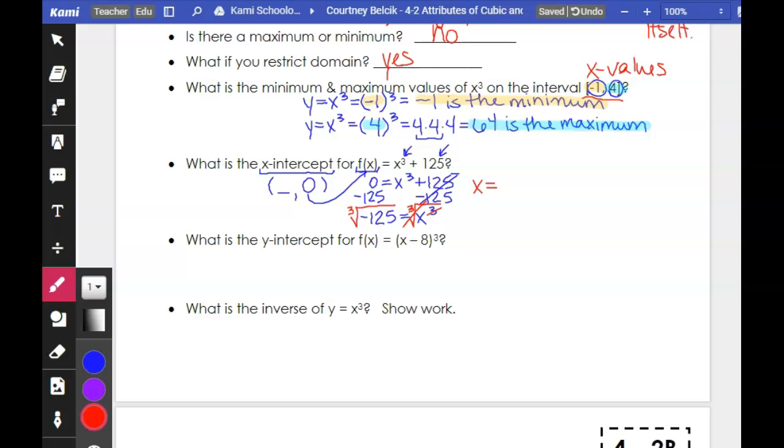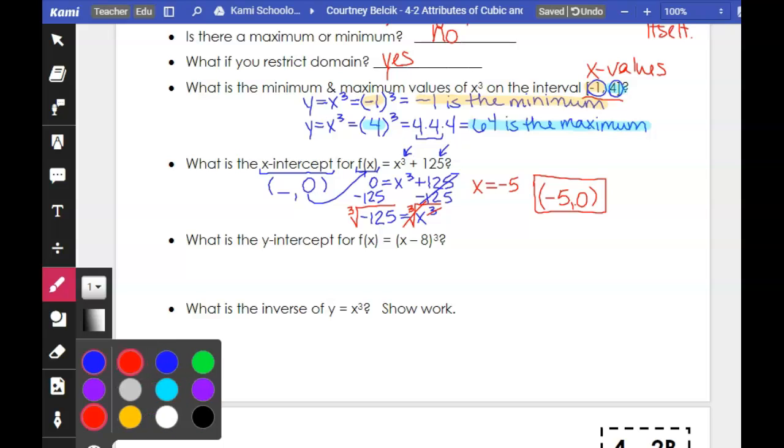You can use a calculator, but I know that if my cube root is of something negative, then my answer will be negative. And 5 times 5 is 25, times another 5 is 125. So my x value is negative 5, and my x-intercept is negative 5, 0. So algebraically, without a graph, without a picture, this is it.